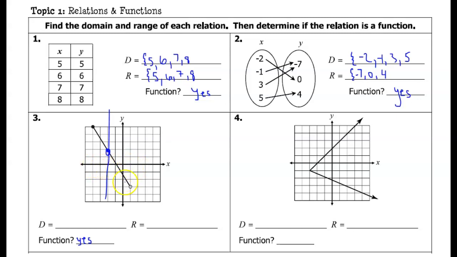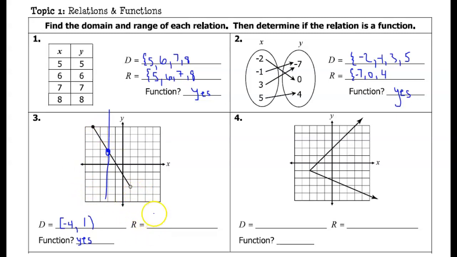So my domain is going to be from -4 to 1. When I write this in interval notation, I'm going to include -4 because it's a closed circle. However, because there's an open circle at 1, I'll just write 1 and I'll do a parenthesis, because it's not included in our domain.